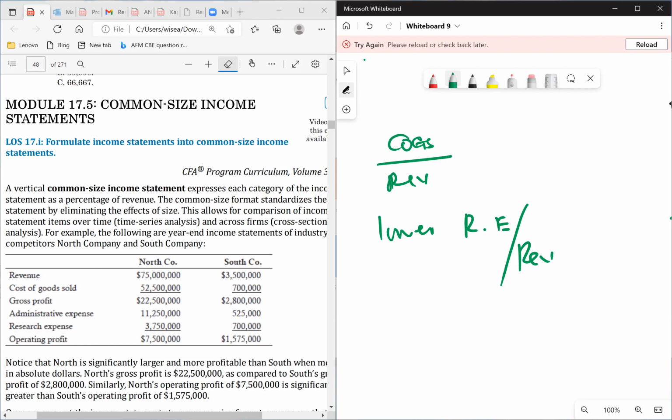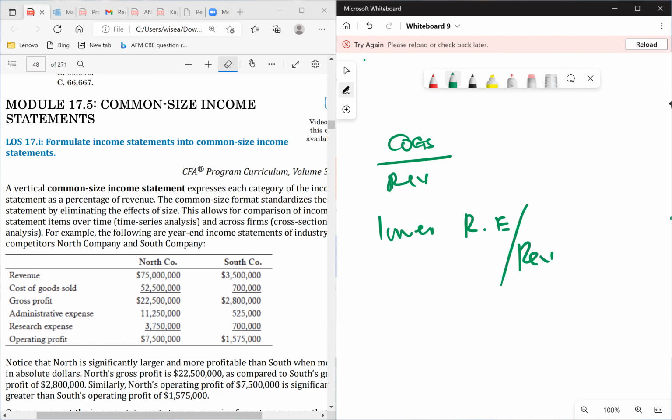So common size income statement: every element of the income statement is measured as a percentage of the revenue. Are we okay? And you can use it to do time series analysis. That means the same company but different time periods.